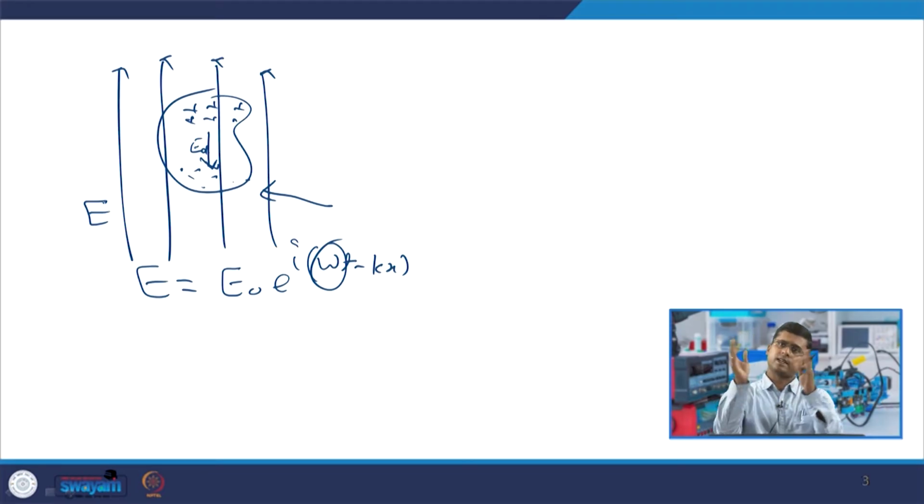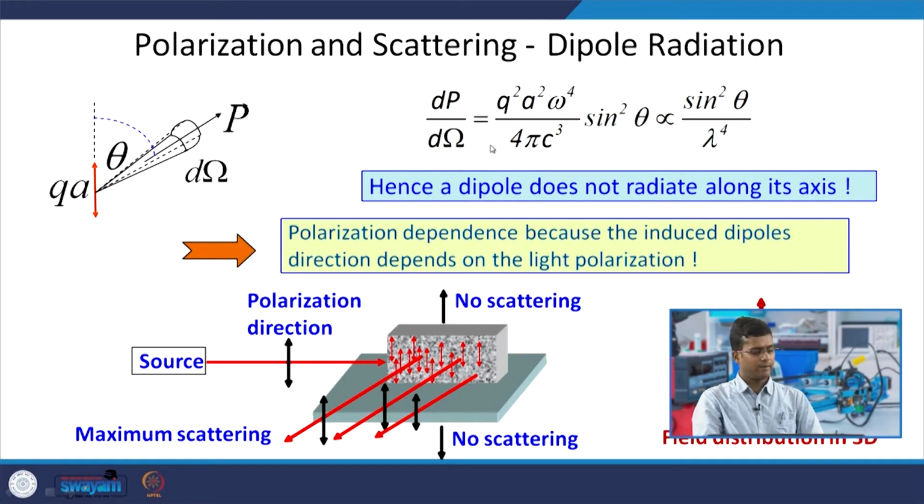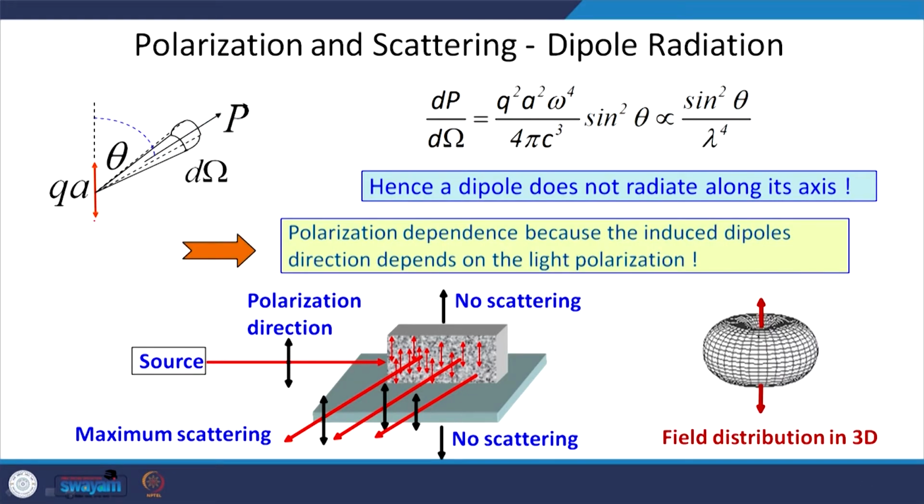It will scatter light. Suppose I have a dipole here, which has charges plus q and minus q, and the distance between them is a, and I want to see, in this solid angle d omega at an angle theta from the dipole, how much power do I get?